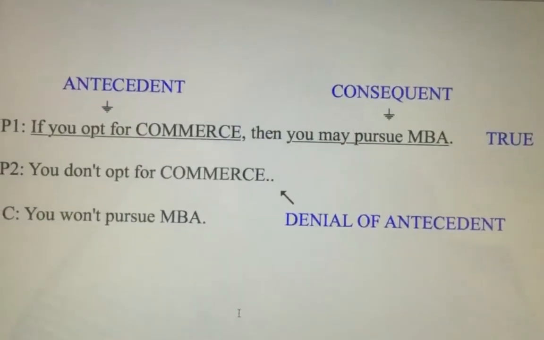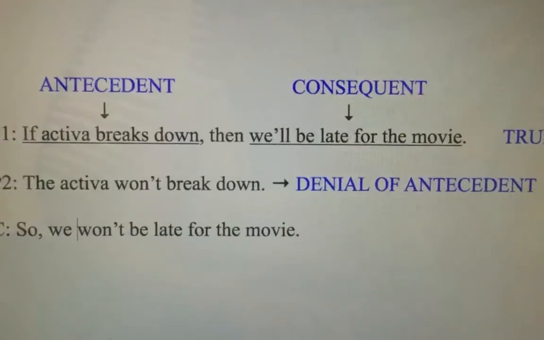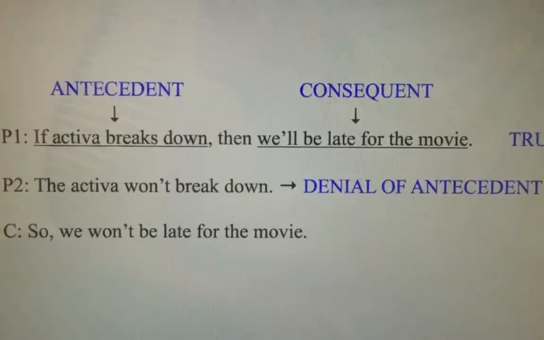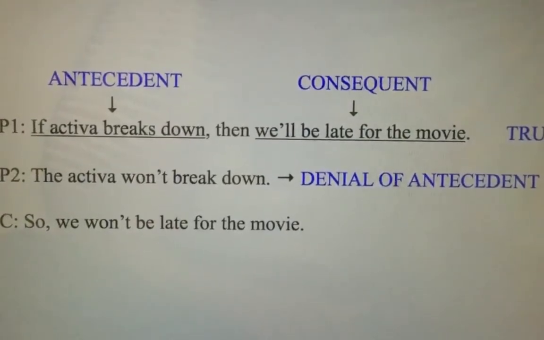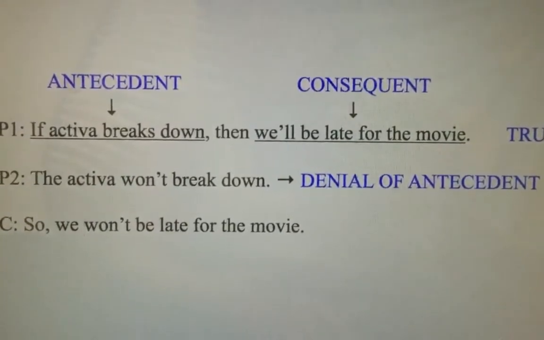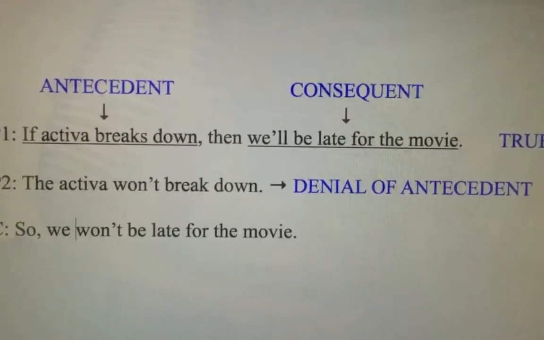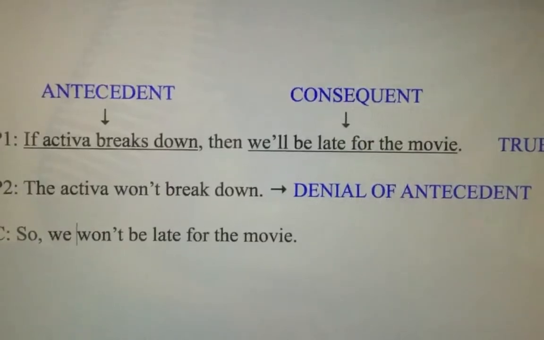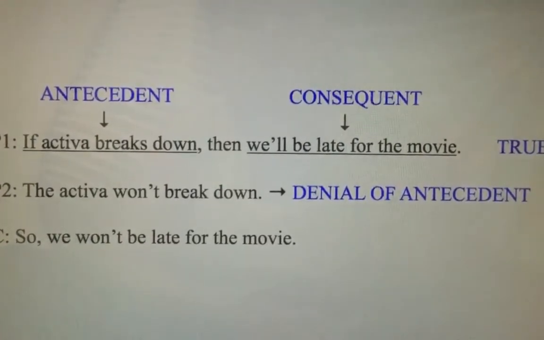Now, let's try another example. If Activa breaks down, then we will be late for the movie. Here, Activa breaks down represents P, which is the antecedent, and we will be late for the movie represents Q, which is the consequent. Premise 2: The Activa won't break down.